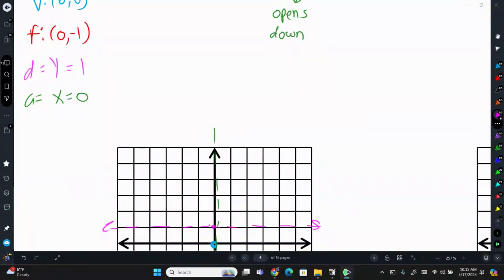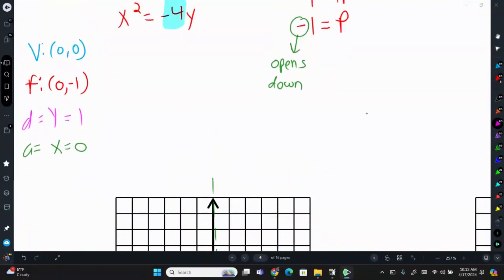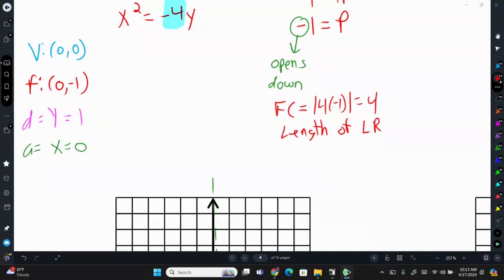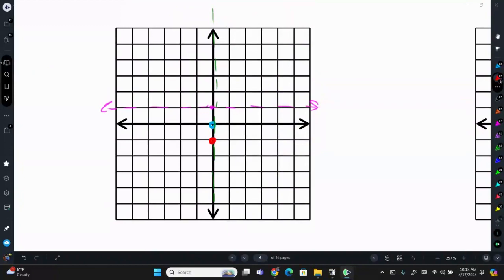Okay. Now for our other 2 points, our focal chord is equal to the absolute value of 4 times p, which is 4 times -1, which is 4. So that is, again, the length of the latus rectum. So we go to our focus, which is right here in red, and we're going to go 2 units to the left and 2 units to the right.